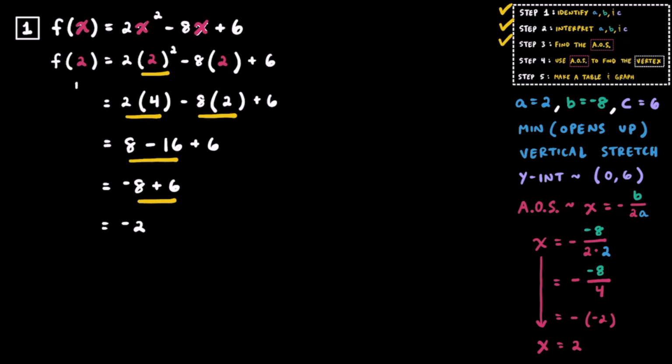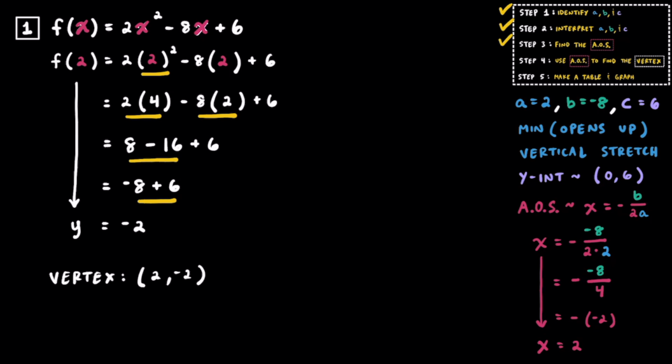So here we just found out that when x is equal to 2, our y value is going to equal negative 2. We know that our vertex is going to be located over in quadrant 4 because it has the coordinates with a positive x value, or positive 2, and a negative y value of negative 2.